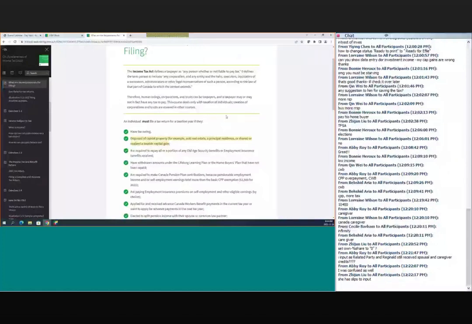An individual must file a tax return for a taxation year if they have tax owing. Well, Ingrid probably doesn't, but she has disposed of capital property or she's realized a taxable capital gain. Because if you look on her T3 slip, box 21, she has capital gains. So in this case, really Ingrid should file a tax return.